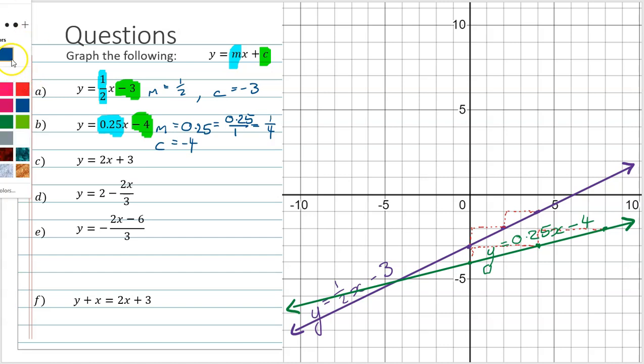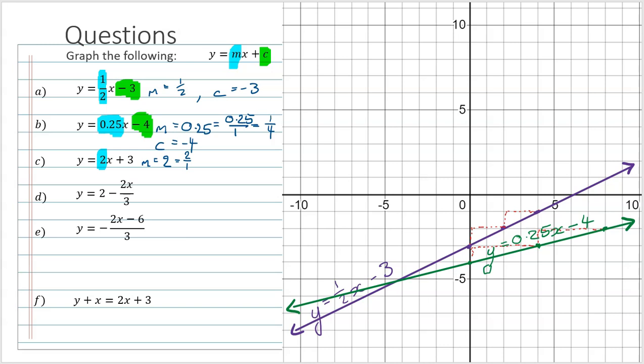Awesome. Now I'm going to do c on the same Cartesian plane here. So let's do c in, not purple, we've done purple, let's go dark blue. There we go. So y equals 2x plus 3. Identifying the gradient, m equals 2, which is the same as writing 2 over 1.